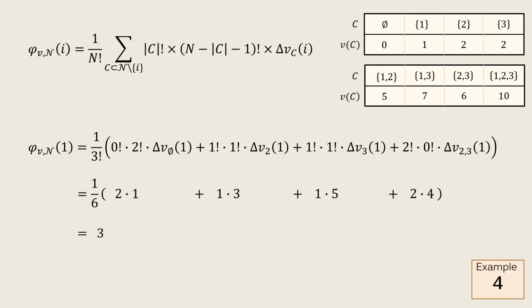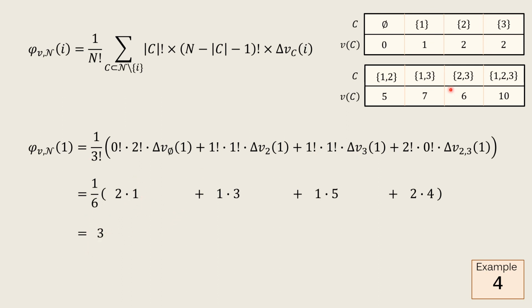Example 4. Now we'll look at our familiar game here, which we know is convex. These are the coalitions, and these are the values of the corresponding coalitions. Now, we use this expression to compute the Shapley value of agent 1. So the agent's Shapley value turns out to be 3.